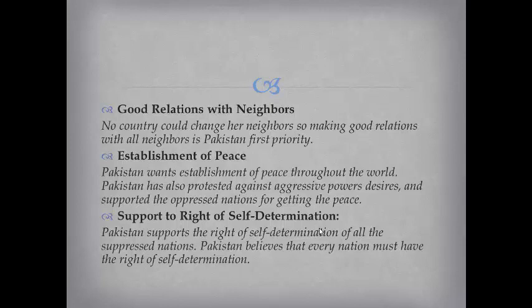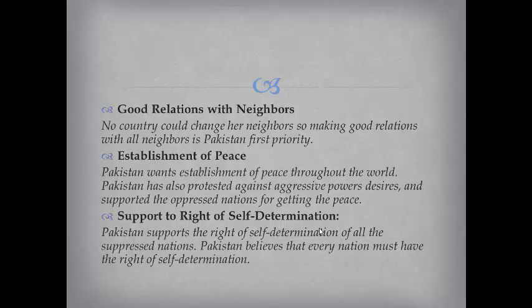It extended goodwill toward all states and support for the legitimate causes of people, close brotherly ties and friendship with Muslim nations, and desire for cooperation with all countries for the sake of peace, especially towards neighboring states.